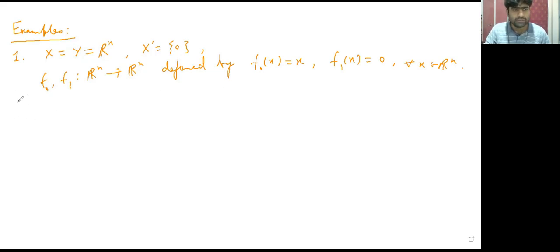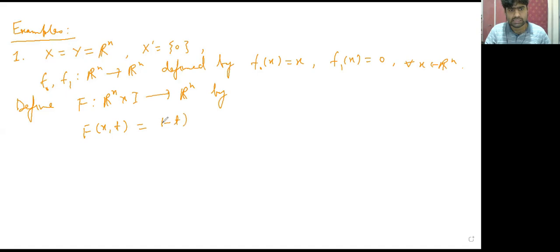Then define capital F from R^n cross I to R^n by F of x, t equal to (1 minus t) x, right?